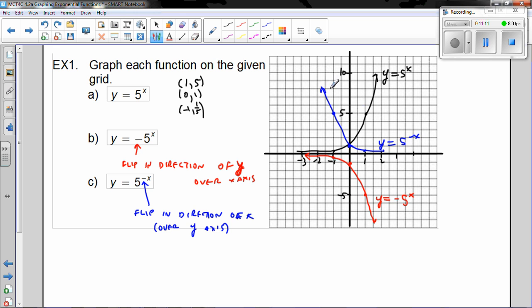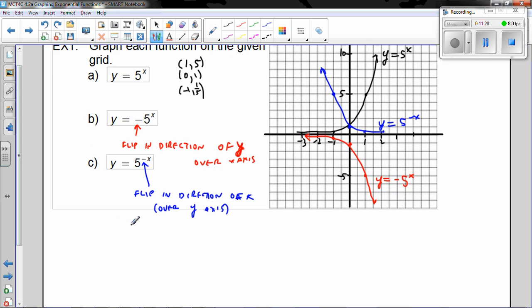And you might be thinking, hang on a second here, what's going on? I thought you said that this looks like a decay graph. A decay graph has a fractional exponent, or a fractional base rather. What's going on here? Well, one way to think of this 5 to the exponent minus x is I could simplify this using my exponent rules.